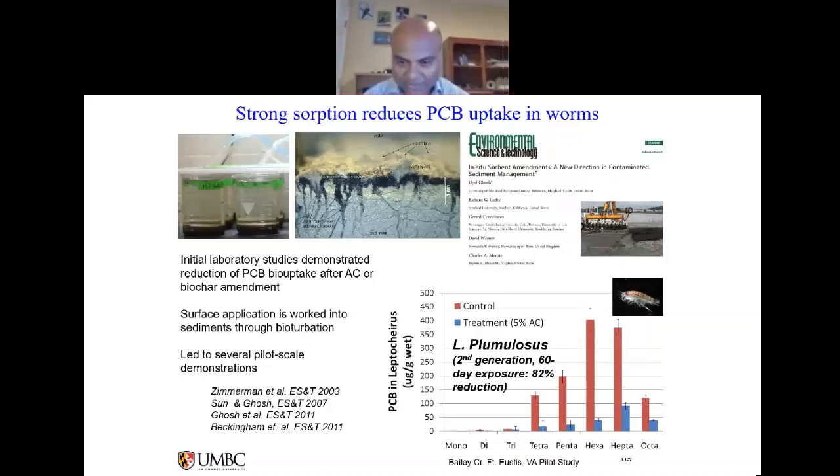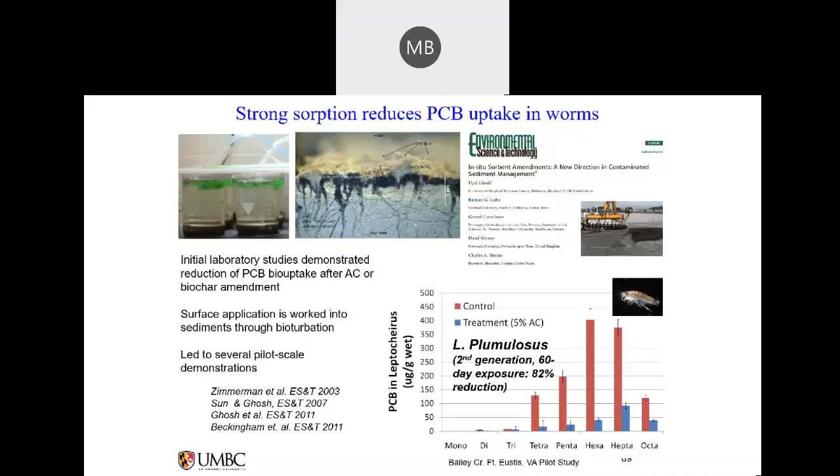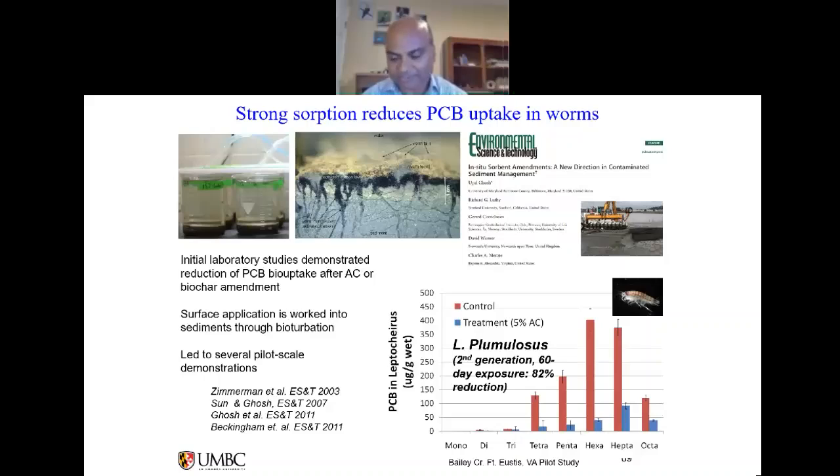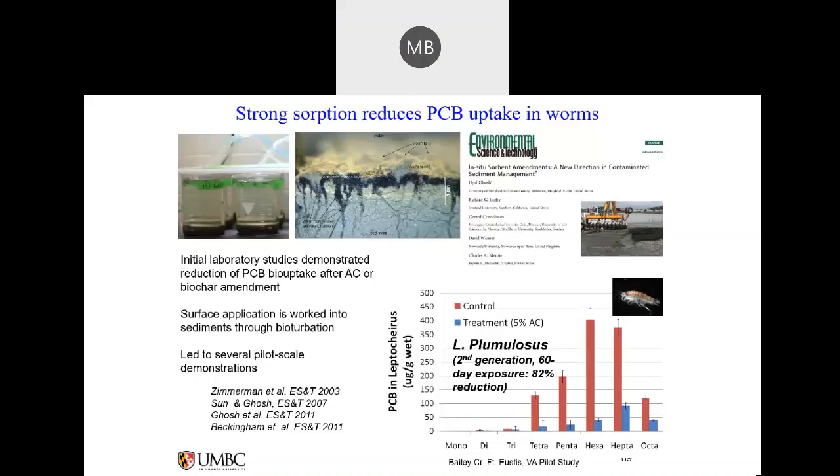As you know, polychlorinated biphenyls are 209 different compounds, depending on where and how many chlorines you have on the molecule. So for example, if you look at the tallest bar there, that's a hexachlorobiphenyl. So that PCB is the sum of all the molecules that have 6 chlorines on the PCB molecule. So the red bar is the untreated sediment, the control sediment, and the organism picks up a lot of those PCBs.